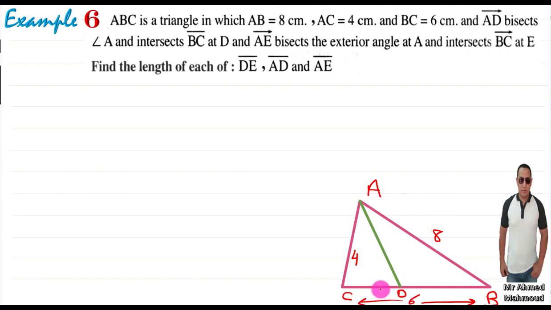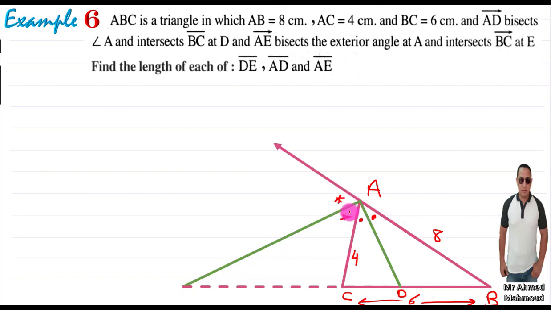Now I'm going to draw AE, the bisector of the exterior angle at A. So I'm going to draw the exterior angle at A like this, and draw the bisector of this angle. This is the internal bisector, and this is the external bisector.